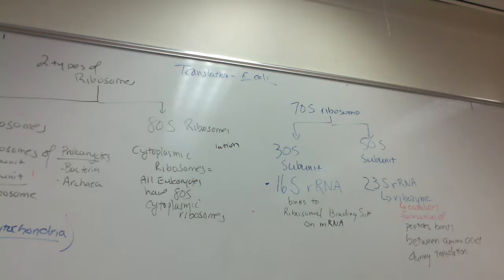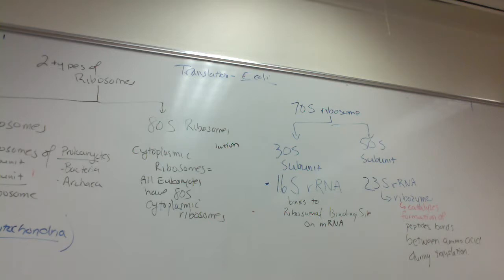So this could be called simultaneous or coupled transcription and translation. Can this happen in your cells? No, right? Remember, transcription has to be finished in the nucleus before the mRNA can travel into the cytoplasm where the ribosomes will bind. Okay, so eukaryotic cells, no coupled, no simultaneous transcription and translation, only in prokaryotes.